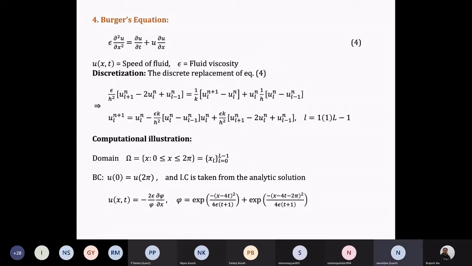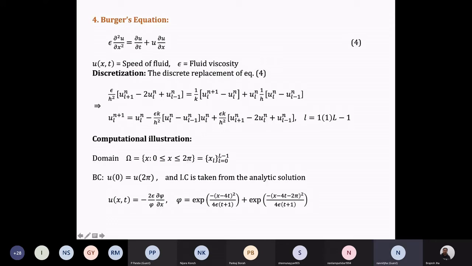Very simple. Here, in Burger's equation, u(x,t) is the speed of the fluid and epsilon is the fluid viscosity. Just discretize it by the simple second difference for the second derivative, del u by del t by the forward time, and u del u by del x by the backward operator. Just straight away simplification, u_l^(n+1) is coming out to be this.